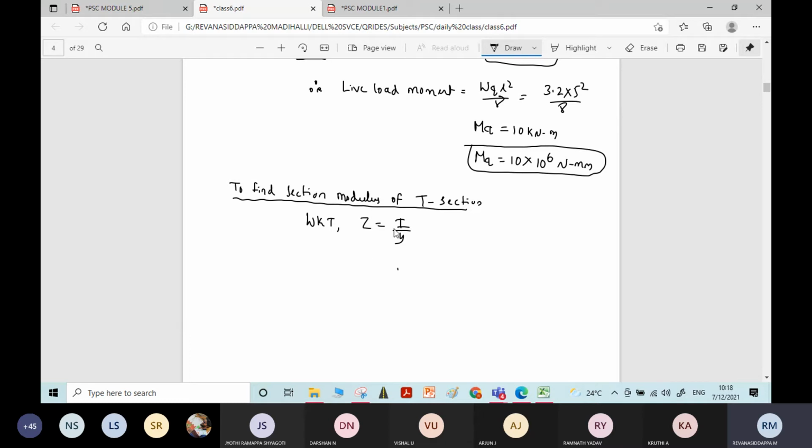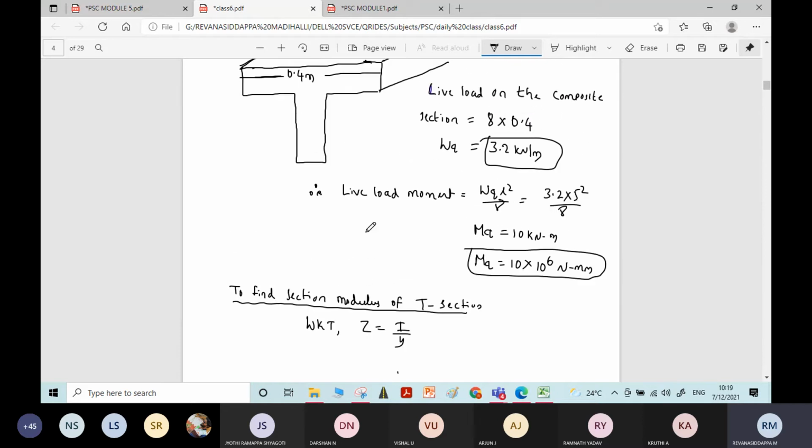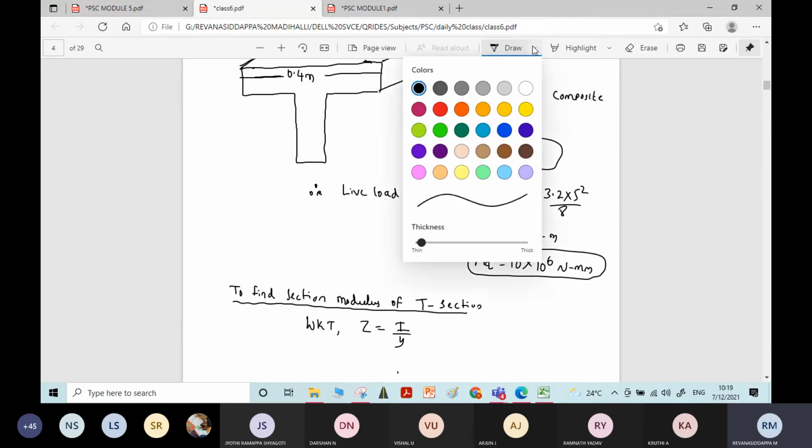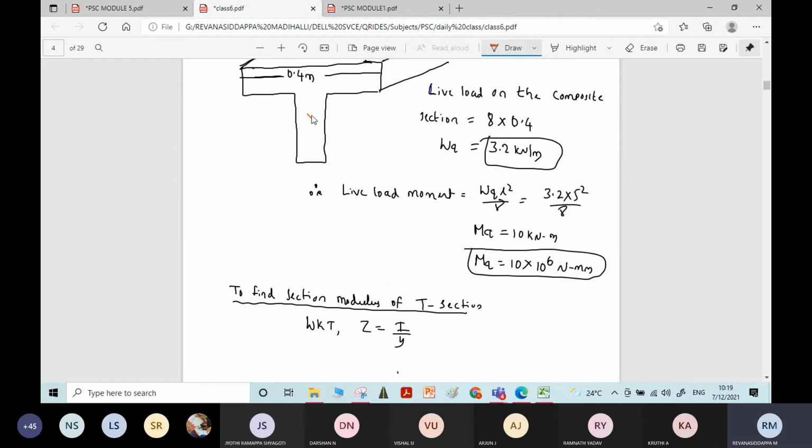First you find the moment of inertia of the T section. To find moment of inertia, you need the centroidal distance. Correct? You need the centroid. Let me take G as the centroid of the section.